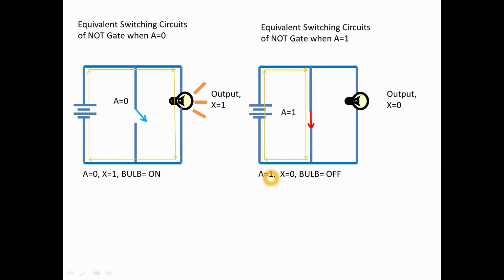Next, when A is equal to 1, that is when the switch is closed, then current flows through the switch. This is the current flow path. When current is flowing through the switch, there is no current flow through the bulb. Hence, the output equal to 0, the bulb is in off state. That is the working of the NOT gate.